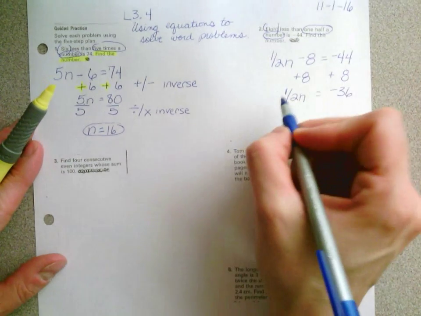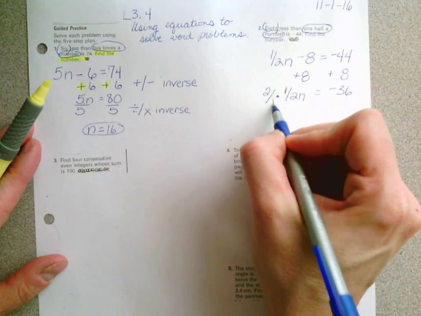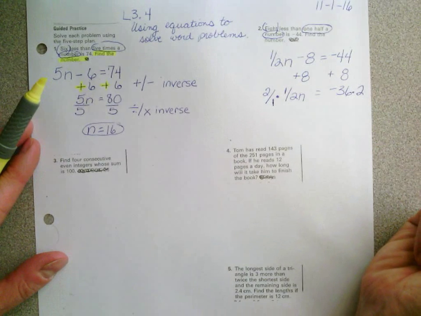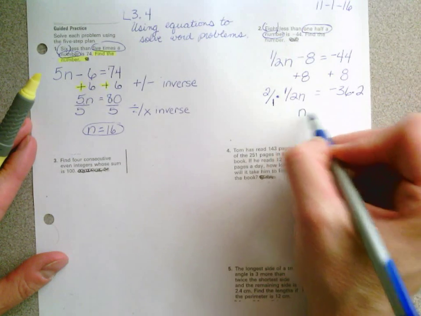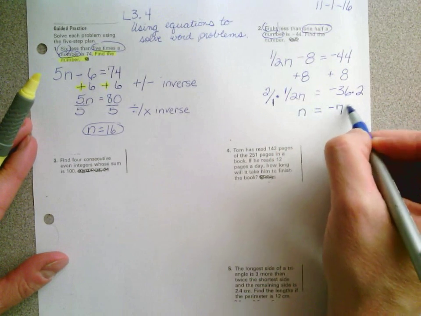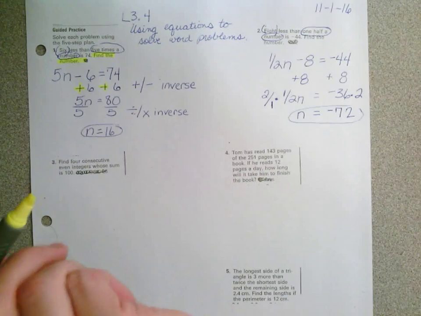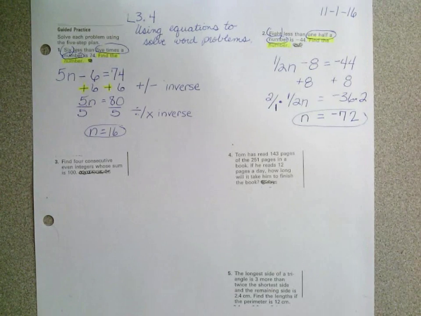You can't divide by a fraction, which would be the inverse, but you can multiply by the fraction's reciprocal, which is 2, or 2 over 1. That gives us n equaling -72. Okay, find the number. We've done that. The number is -72.